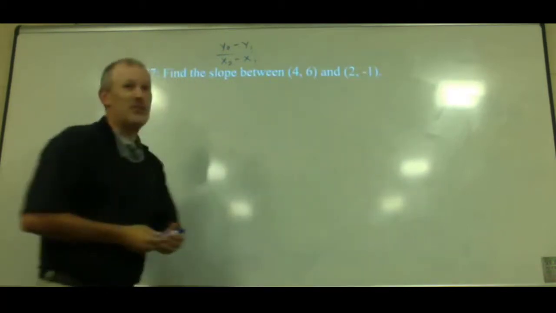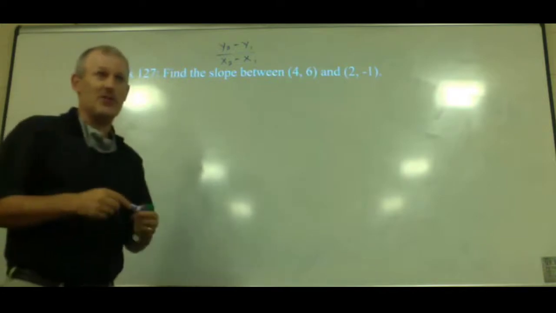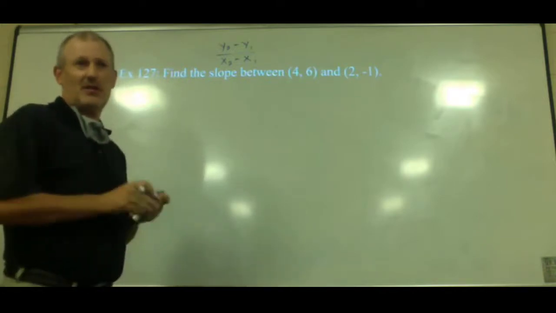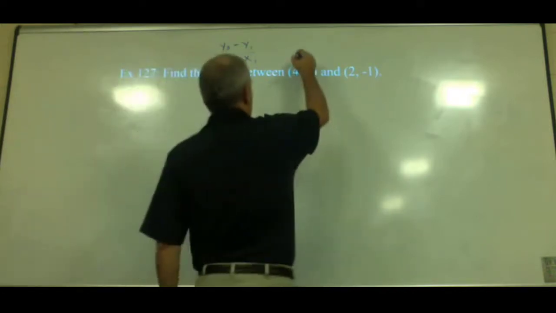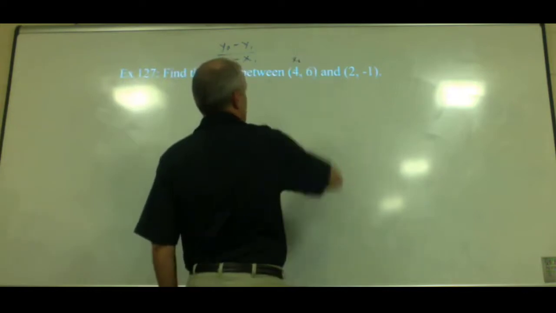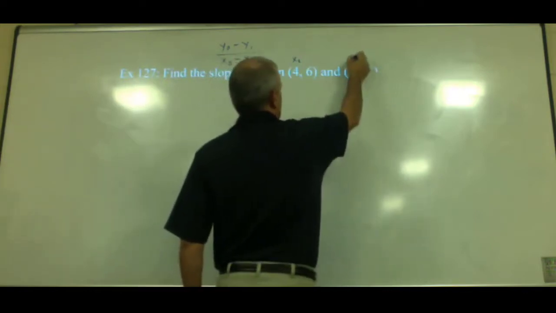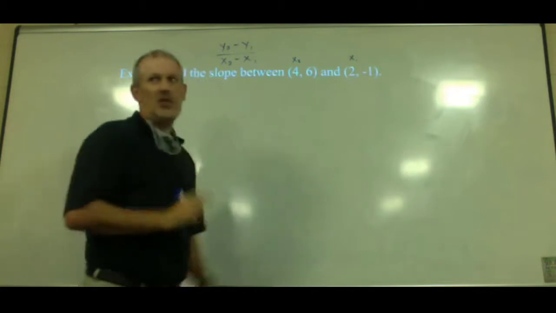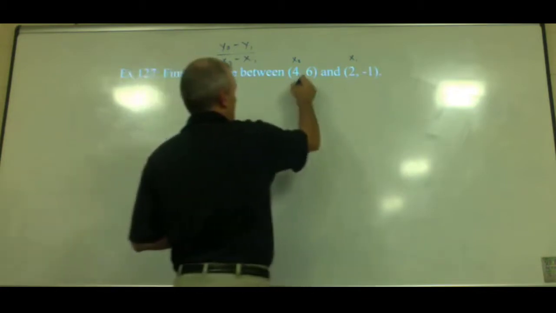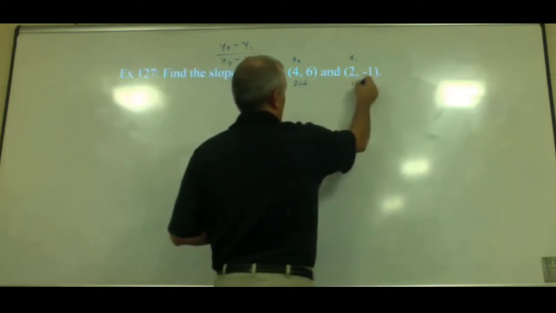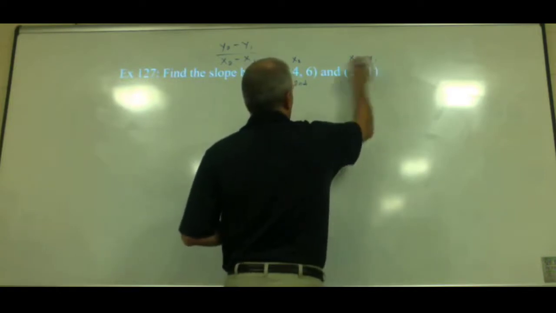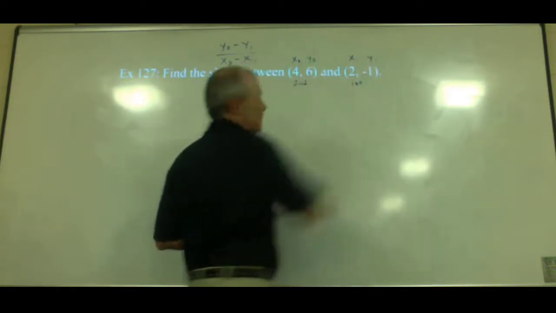I usually pick the bigger x value to be point 2. So which one would I choose this time? The 4. I would choose this one, the bigger x value, to be x2, which means the other x value is x1. And once I choose that, this has to be my second point, and this has to be my first point. So that means this is y1 and y2.